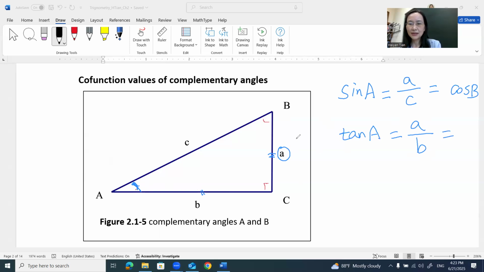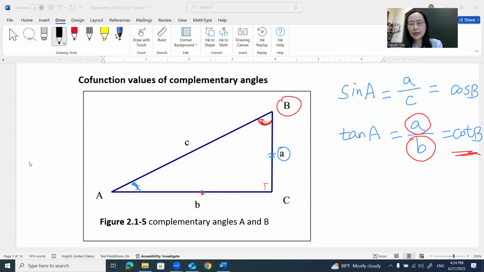However, that is cotangent B, simply because this a is relative to the angle B the adjacent side. This b, lowercase b, is the opposite side for the angle B. So adjacent to opposite, that is cotangent B.